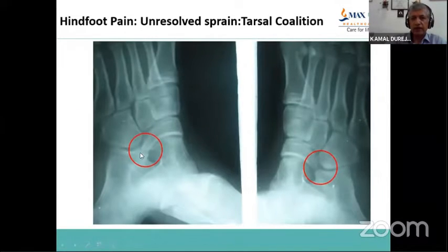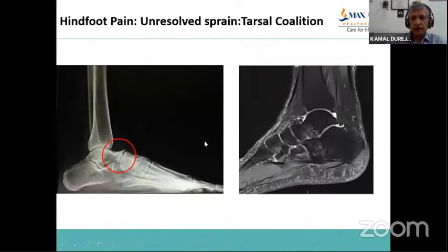You can see it clearly in AP views, oblique views, and a subtle kind of calcaneal tarsal coalition is better seen on an MRI in the form of edema in the region of anterior process of calcaneus and by this beaking of talus at the talonavicular joint.